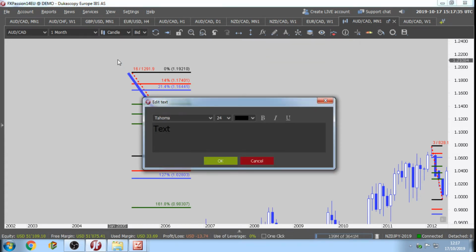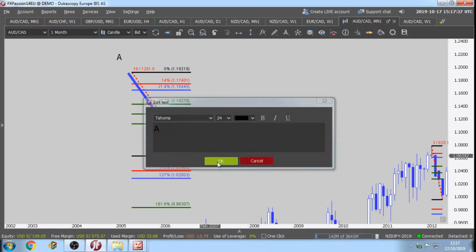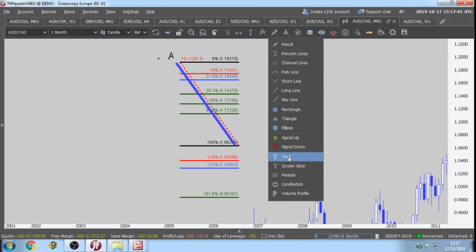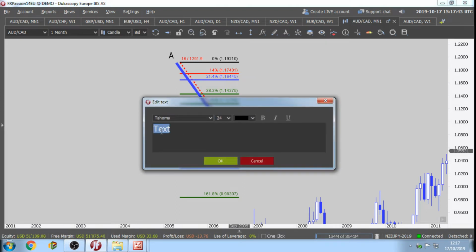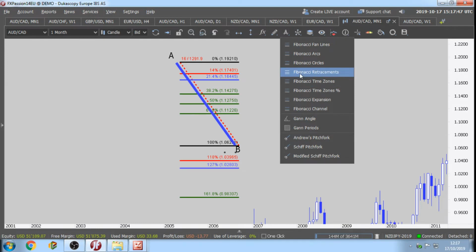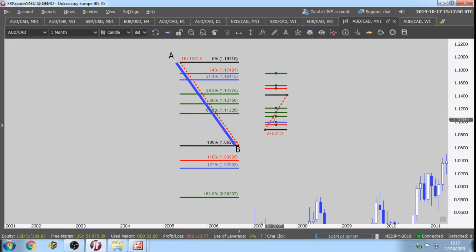This is the A of the original Fibonacci. Up in here. And this is the B of the original Fibonacci. Okay. Now, just remember this, it's not that complicated.